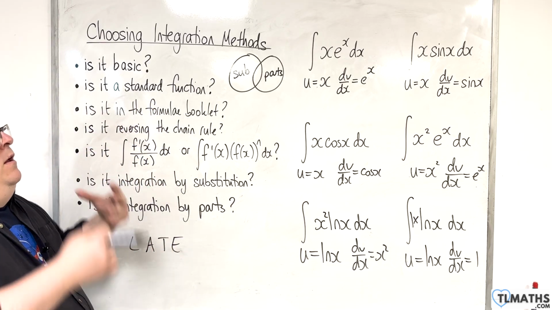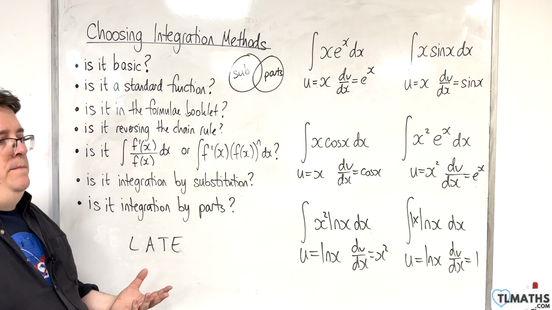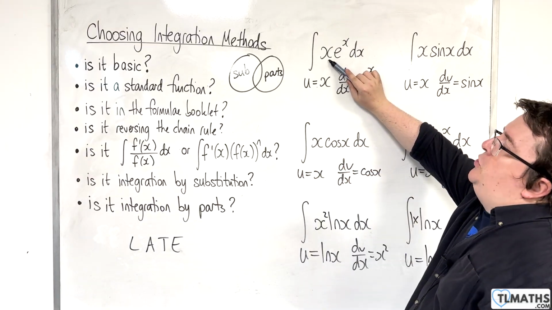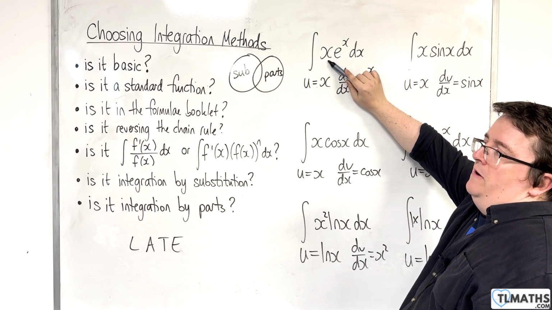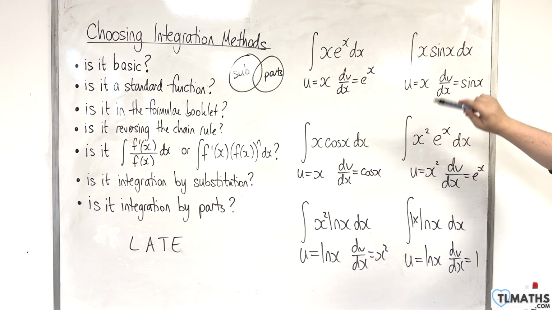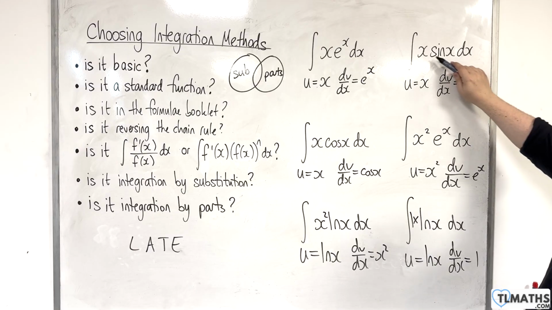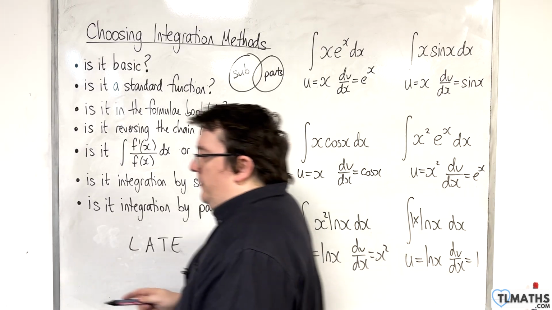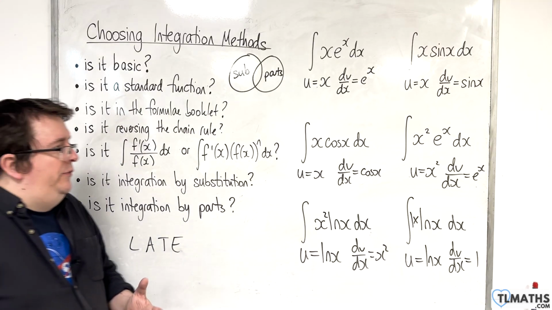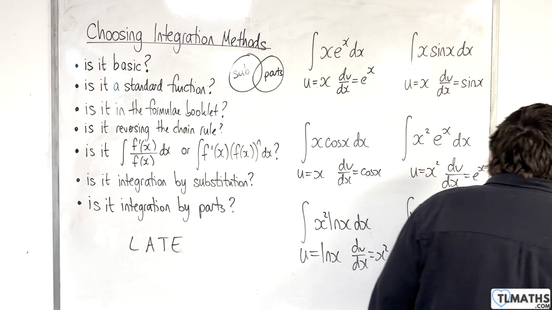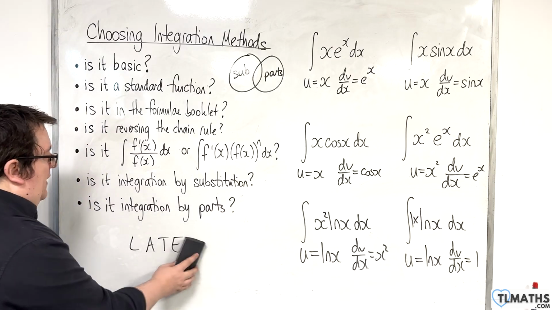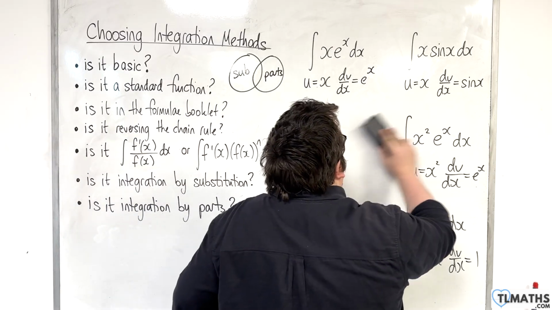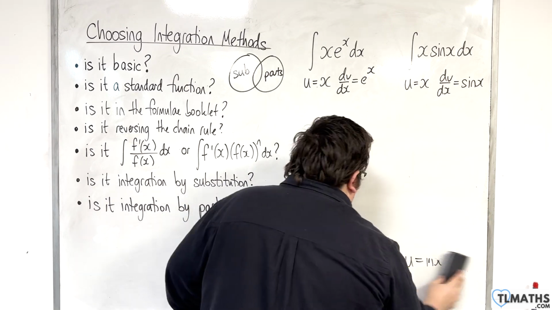They're not integration by substitution because the interior function doesn't differentiate to a multiple of what you've got out the front. x sine x, x doesn't differentiate to x. But I could change some of these quite easily to something that is reversing the chain rule or substitution.